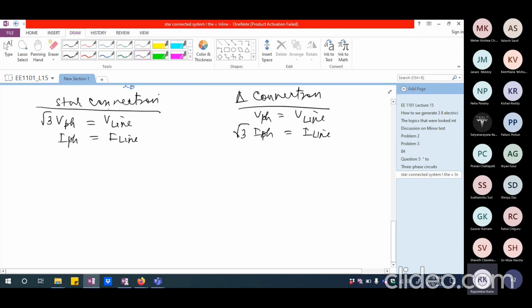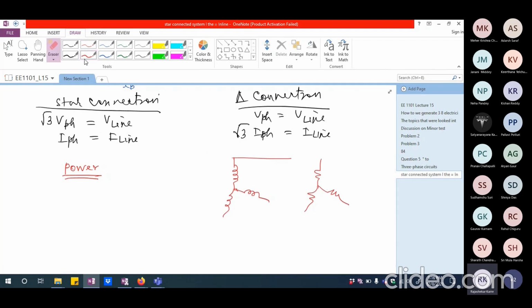Okay, now what is the power that we talk about in three-phase? So we said that if I'm going to have, let us say, three-phase star connected supply, for example, and I'm going to connect, let us say, one resistance, second resistance, and third resistance. It need not be resistance.